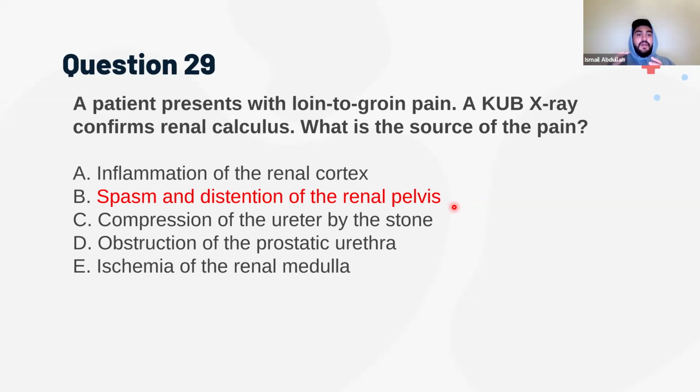That spasm, that movement, is going to cause these sensory impulses. And another keyword is distension. Any viscera, when it gets distended, causes pain. So it doesn't necessarily mean that if you compress something, it's going to cause pain. But usually distension and spasm would cause such pain.